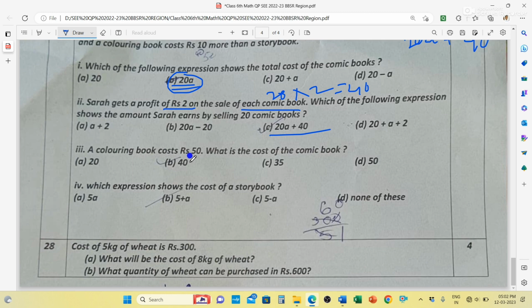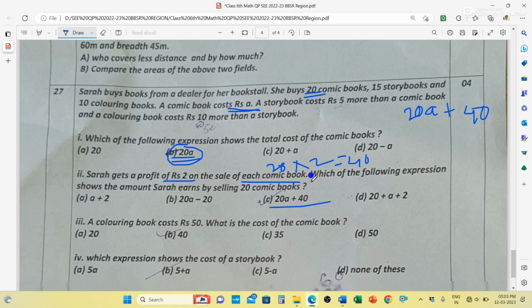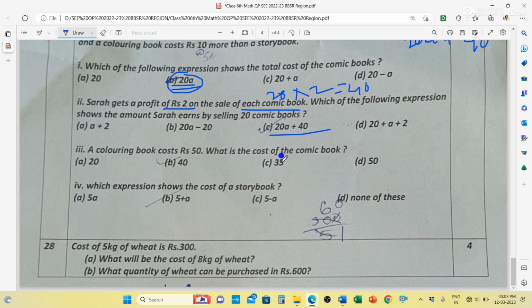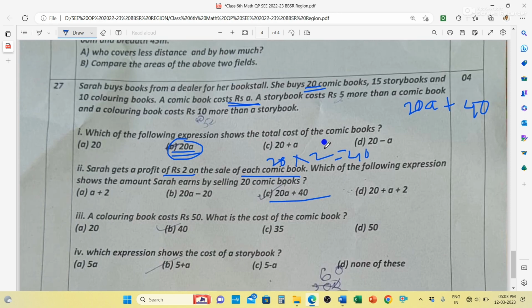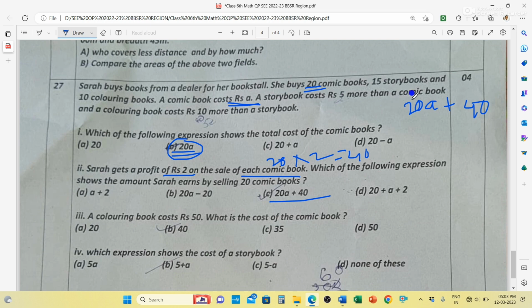A coloring book costs 50 rupees. What is the cost of the comic book? A comic book costs A rupees. A storybook costs 5 more than a comic book. A coloring book costs 10 more than a storybook. A coloring book costs 50 rupees, and it costs 10 more than a storybook.